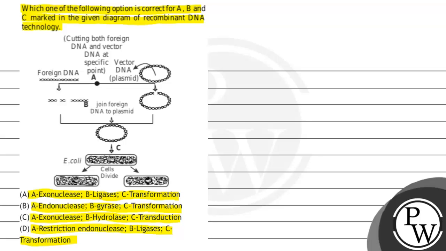So in this question we have to identify A, B and C marked in the diagram of recombinant DNA technology. So the key concept for this question is recombinant DNA technology.